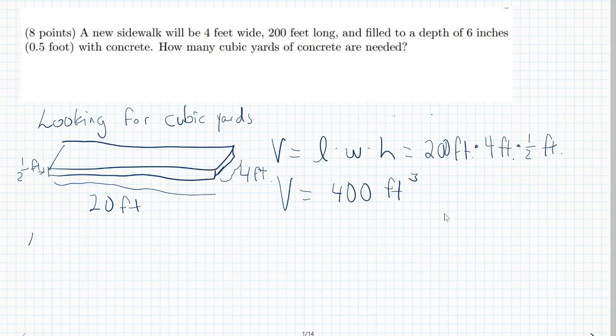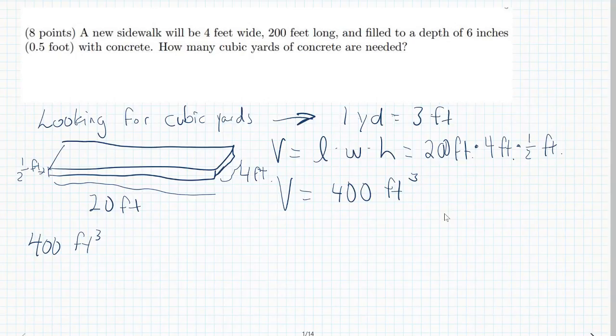So we have 400 cubic feet. The only thing we know in order to make this conversion is the fact that 1 yard equals 3 feet. Notice that doesn't say cubic feet.